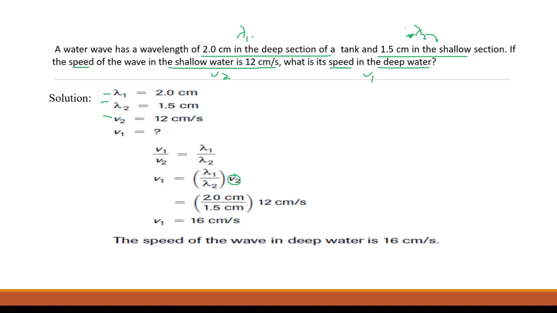Everything is given in centimeters, and the speed is centimeters a second. So we end up with centimeters a second, so that's okay. Centimeters cancel out, we have centimeters a second. And so we're left with the speed of the wave in the deep water, which is V1, is 16 centimeters a second.